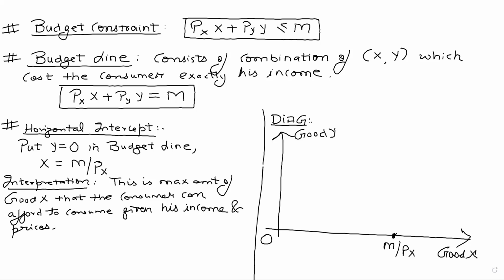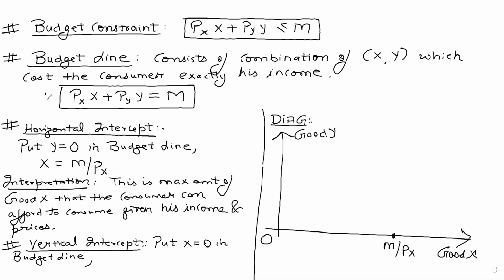Now let's work out the vertical intercept, guys. Let's see what it comes out as. How do we find the vertical intercept? Put x equal to 0 in the budget line.